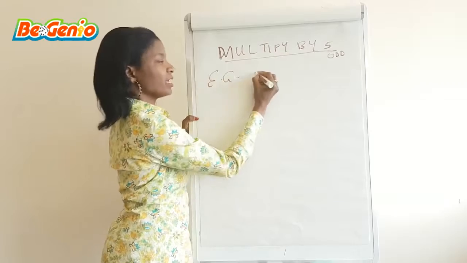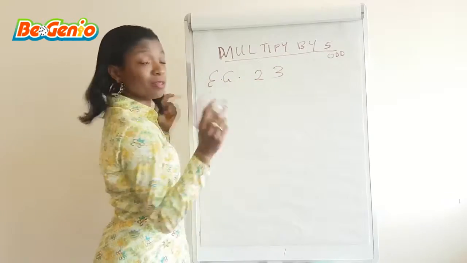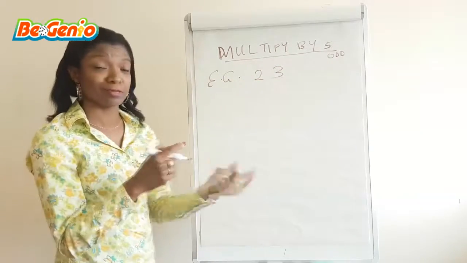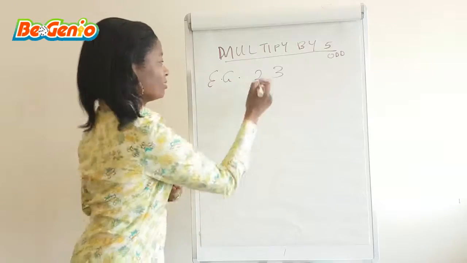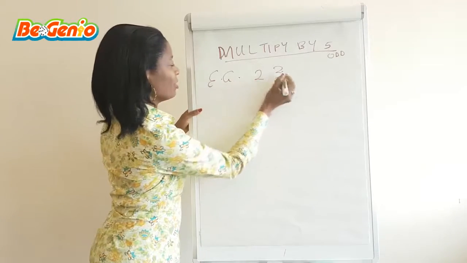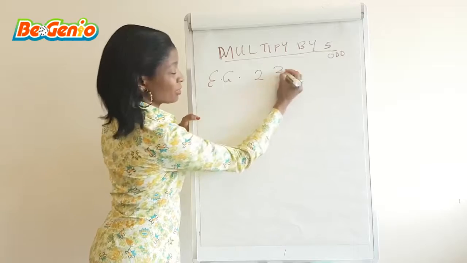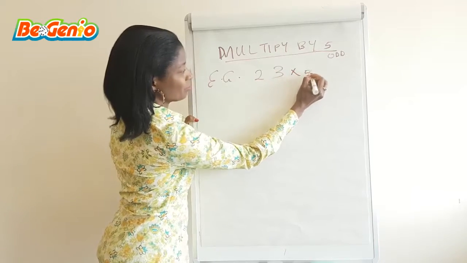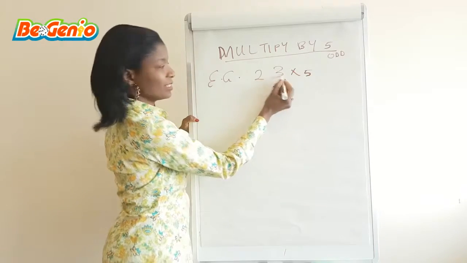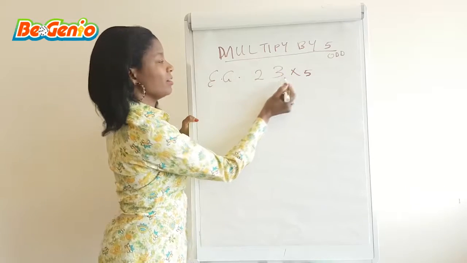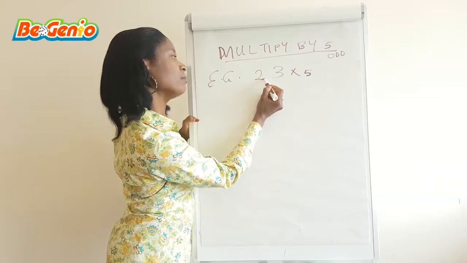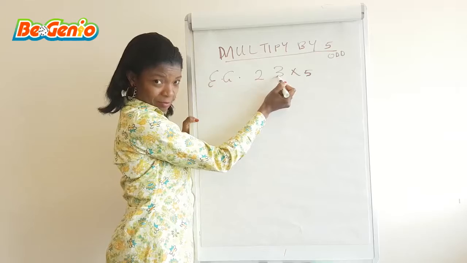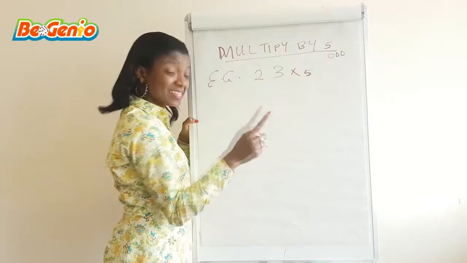If you have, say, 23. In the other example, I showed you multiplying 22 by 5. Now this is 23 here. So to multiply 23 by 5, you would look at the number 23. Now take the number that's closest to it, but not more than it, that is even.